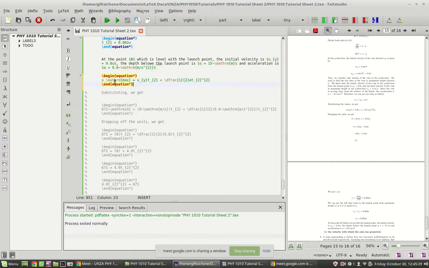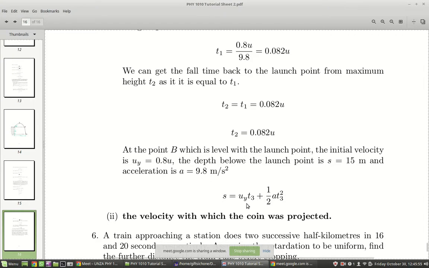So S is 15, then uy, then T3. Not sure exactly like this.